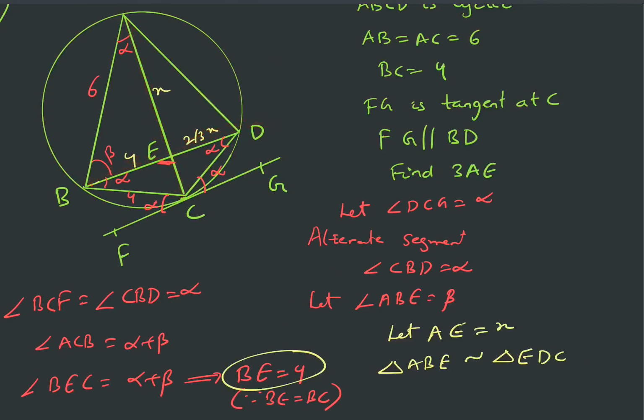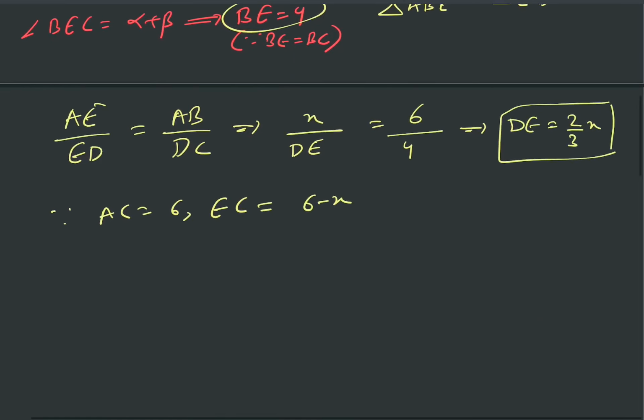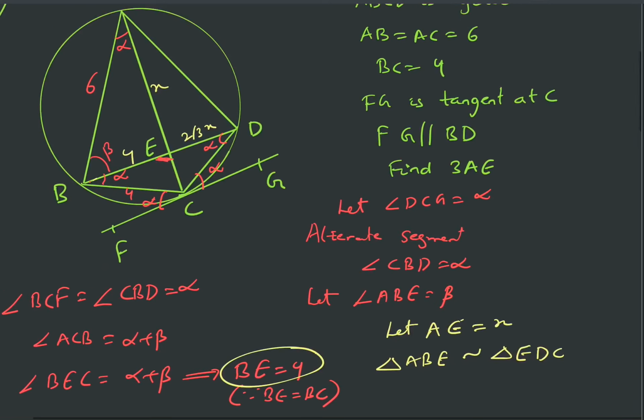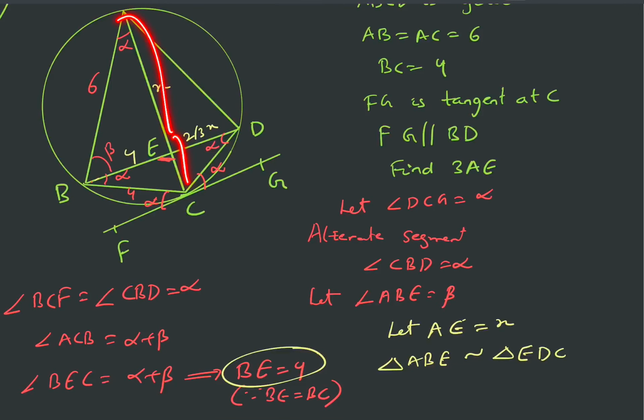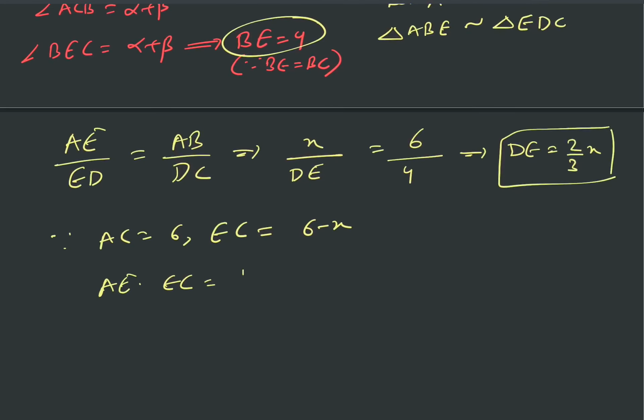So now we'll use the intersecting chords theorem, that is AE into EC is equal to BE into ED.